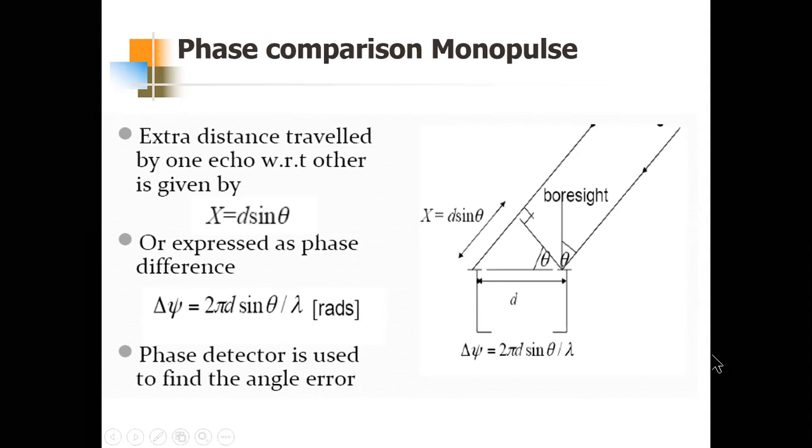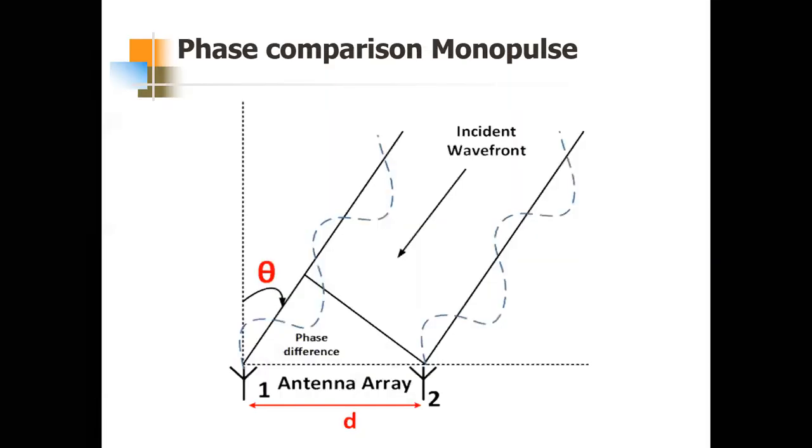There is one drawback with this technique, and that limitation is the grating lobes. Grating lobes are because of the distance between these two antennas. If this spacing D, that is the spacing between the phase centers of the antennas, is greater than the antenna diameter, there will be high side lobes produced in the sum pattern, and there would be ambiguities in the angle measurement.